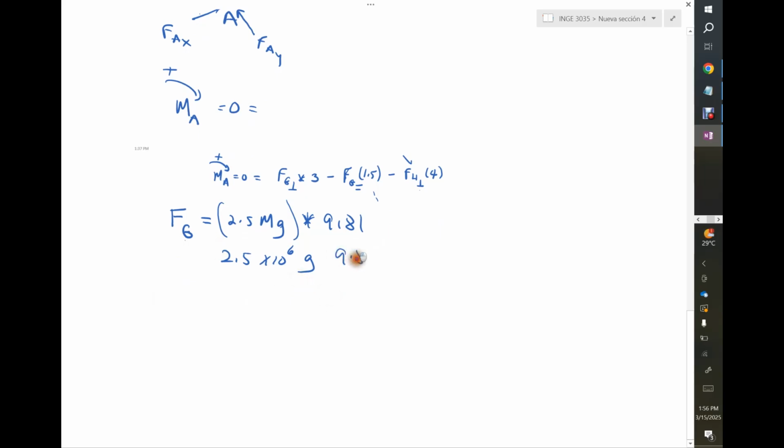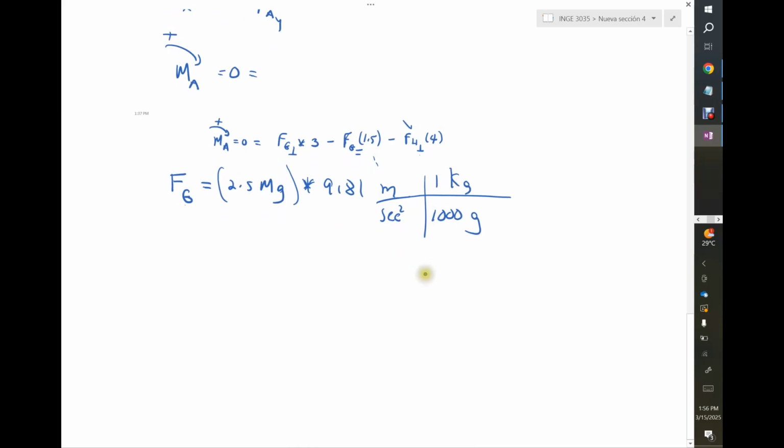Now 9.81, but there's a problem. I have grams here, so let's do a little bit of math. So 9.81, and let's put the units so that we get this straight. 9.81 meters per second squared, but 1,000 grams is 1 kilogram. Now let's see where we are. Grams cancel with grams, and this is mega, meaning 1 M is 1 times 10 to the 6.